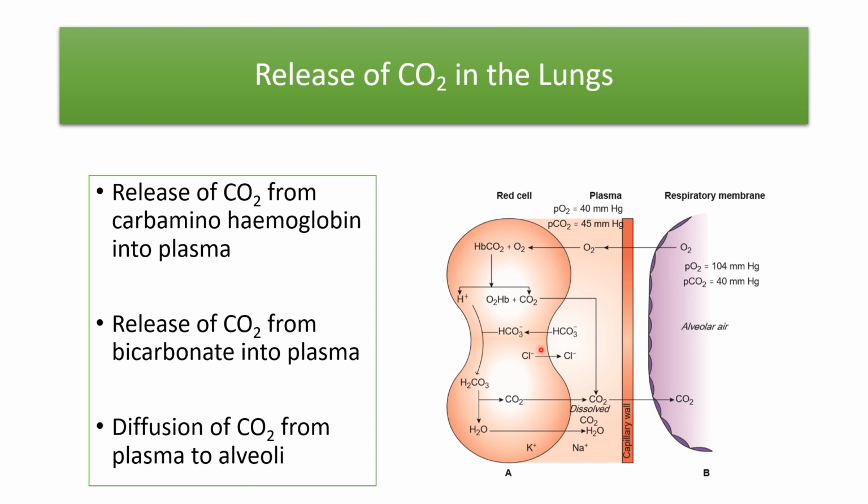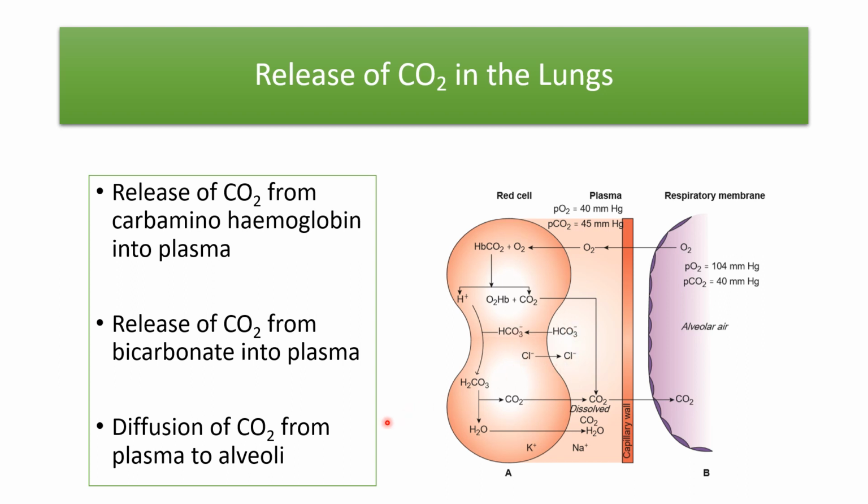Note one more thing, that when bicarbonate comes into the RBC due to the increased H plus ion, inside the cell becomes more negative. To neutralize this, chloride returns to the plasma, and this is known as chloride shift reversal.